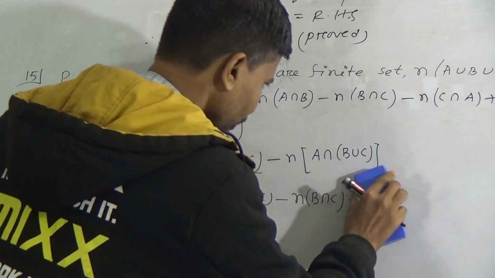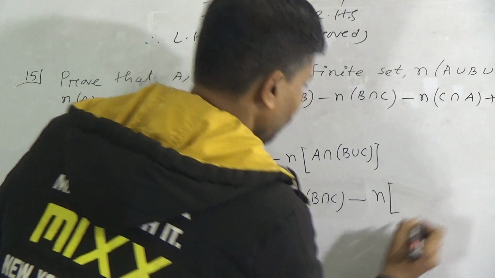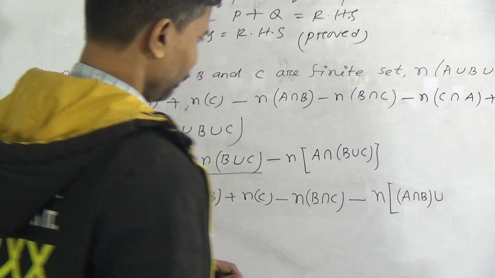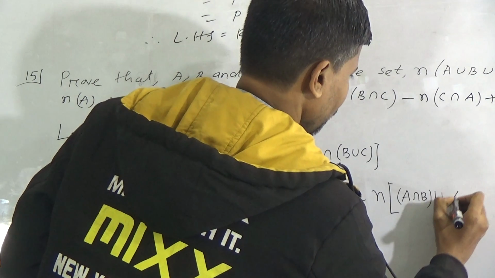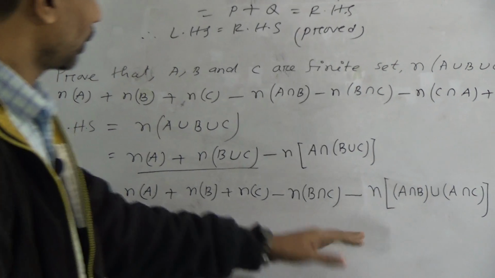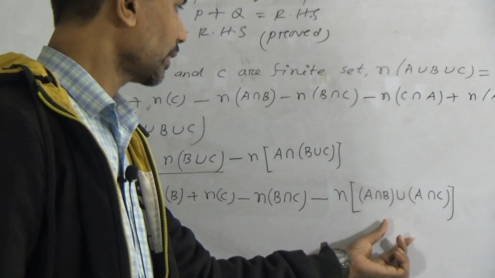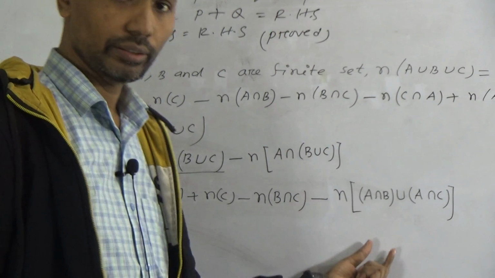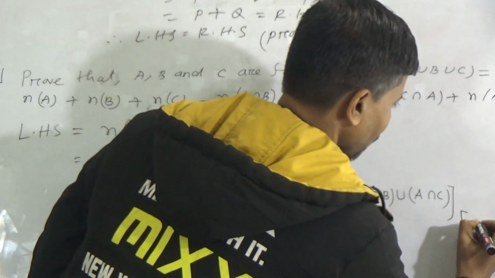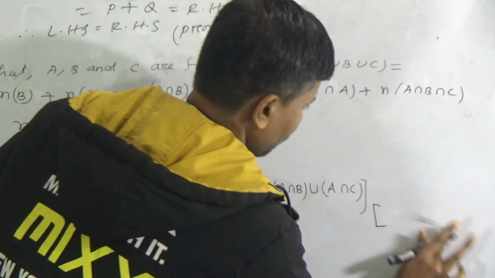That means A intersection B union C equals A intersection B union A intersection C. Okay student, look, this is called the distributive law of sets.